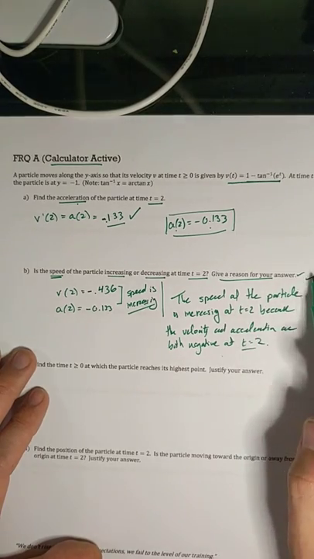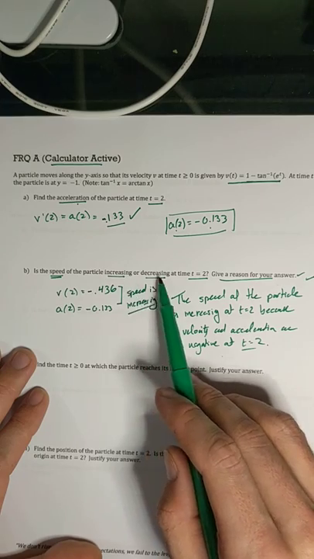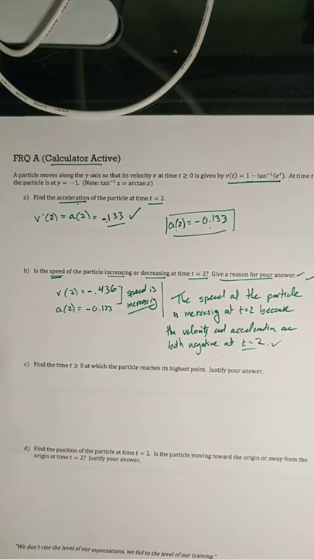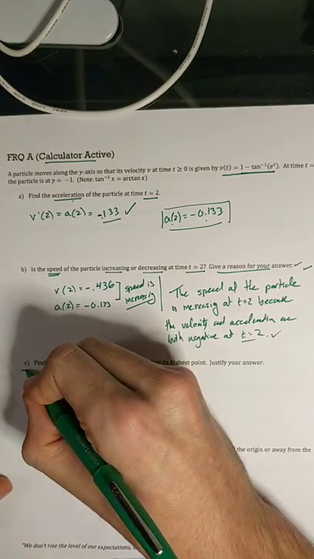Did I give a reason for my answer? Yes, I did. Is the speed of the particle increasing or decreasing? It's increasing. We stated that here. Get in that question. All right, let's move to part C.